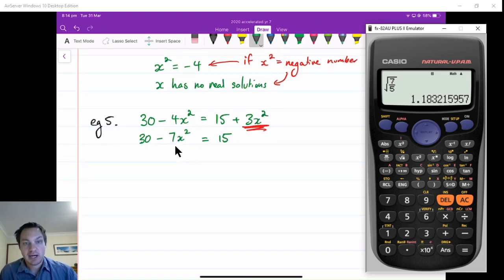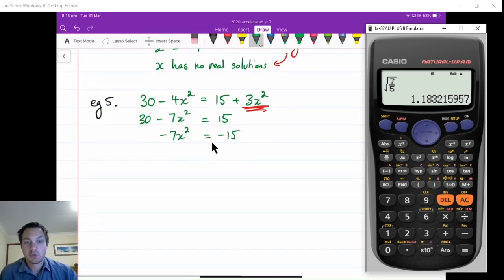Okay, I don't want the 30 on this side, so I'm going to take away 30 from the left side. Okay, I took away 30, so I have to take away 30 from the right side as well. 15 take away 30 is negative 15.